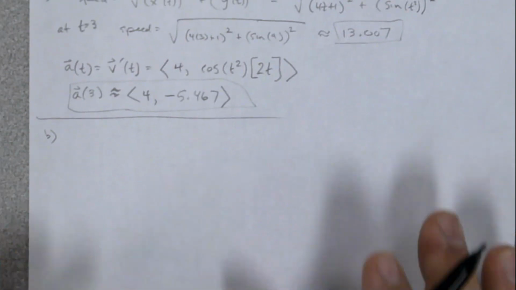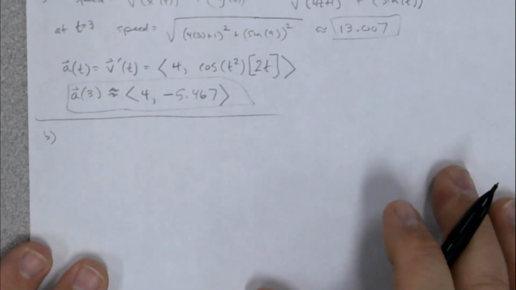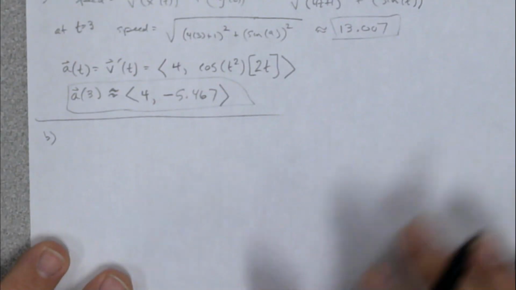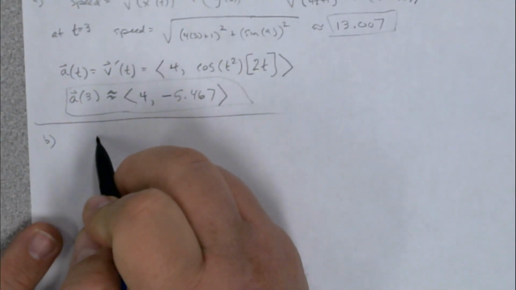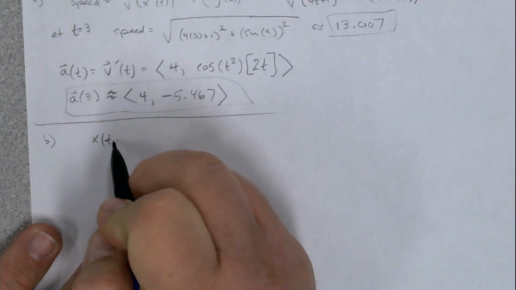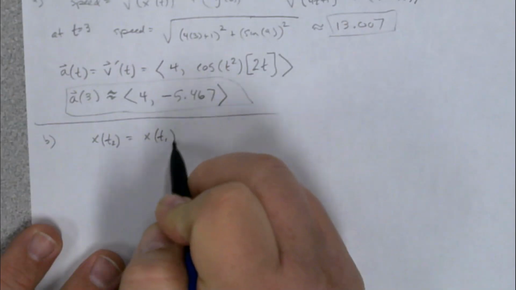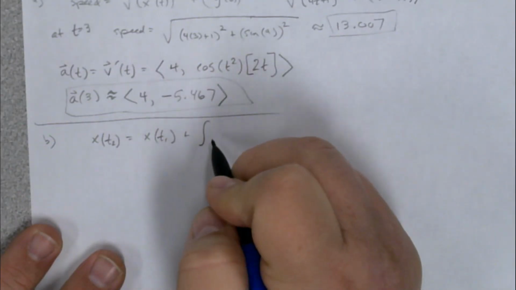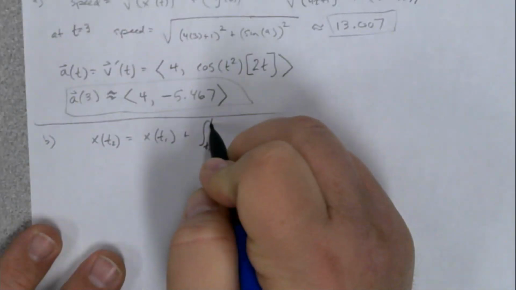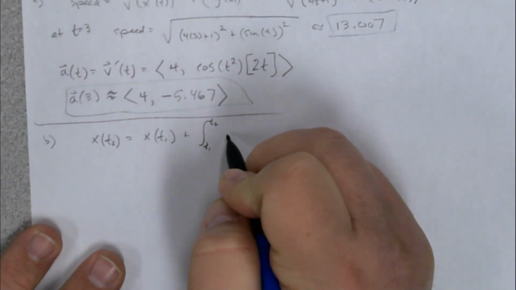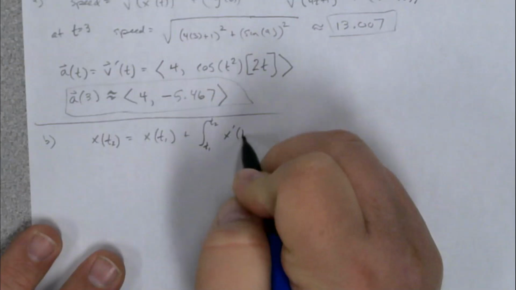In part B, we want to find the position of the particle when t equals 3. Okay? So, what do I know? The x at the new time is x at the old time plus the displacement. And you can write it however you want. This is just one way of doing it. You can write x prime of t dt.